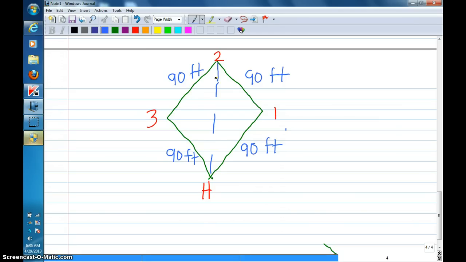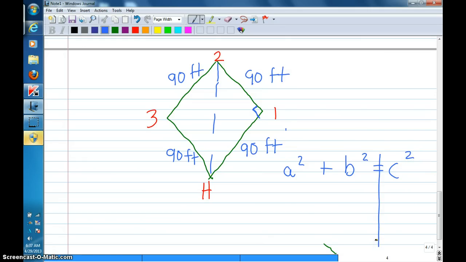Notice what that forms. You might see it forms a triangle. And we know this is a right angle because it is a square when you tilt it. So we can use the Pythagorean theorem to solve for this. Okay, so we're going to plug in a squared plus b squared equals c squared.